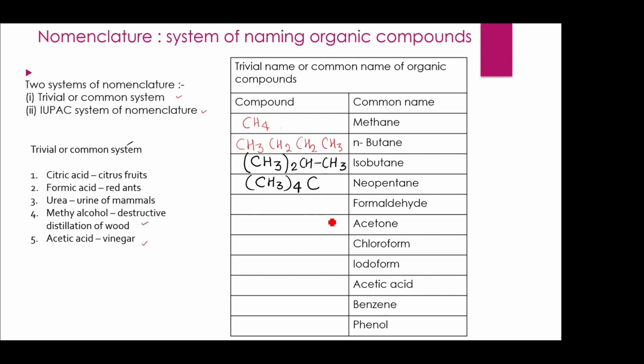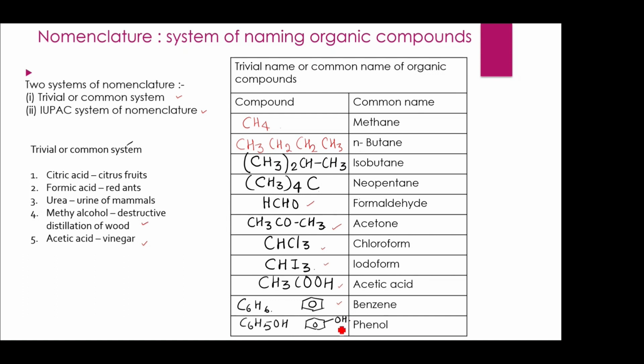Then next, neopentane, formaldehyde, CH3COCH3 acetone, CHCl3 is chloroform, CHI3 iodoform, CH3COOH acetic acid, C6H6 benzene, C6H5OH, that is phenol.